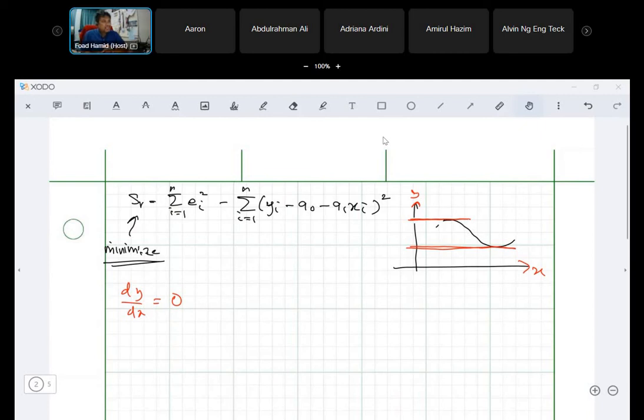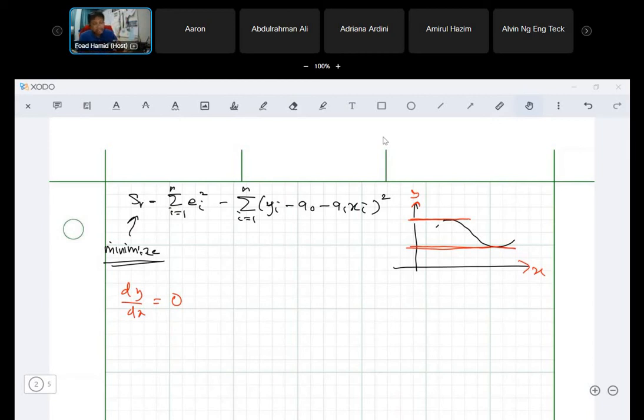So what's the other requirement here? The first requirement is gradient equal to 0, or the slope equal to 0. That's fine. So what's the other requirement to determine whether that point is a maximum or a minimum?